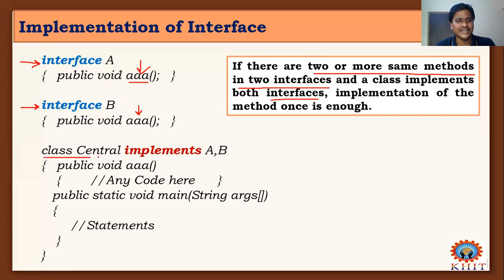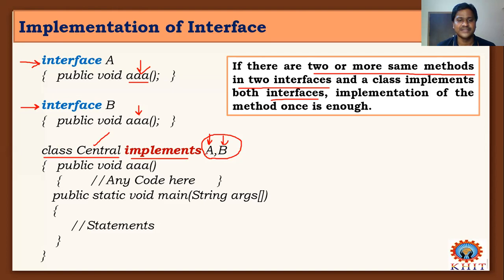So coming to any class which implements both the interfaces, a class can implement more than one interface, that we already know, and how to implement those interfaces is by specifying it in the class definition. Here it is class definition followed by the name of the class, implements keyword followed by interface name one, comma, second interface name.